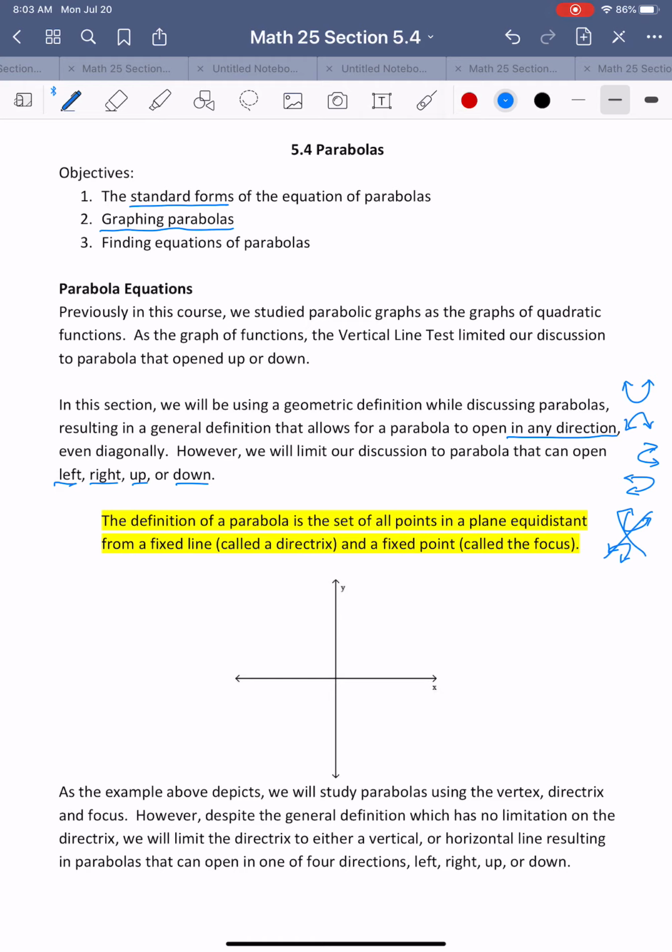So instead of the center that we used for the circle, ellipse and hyperbola, we're going to call it the vertex. Let's say the vertex is the origin, and there is the directrix line here, and this is a distance.